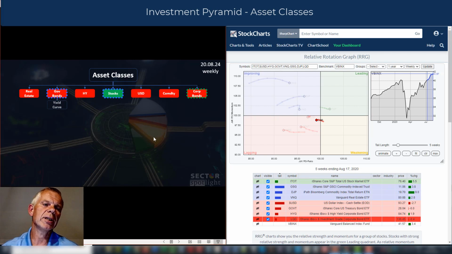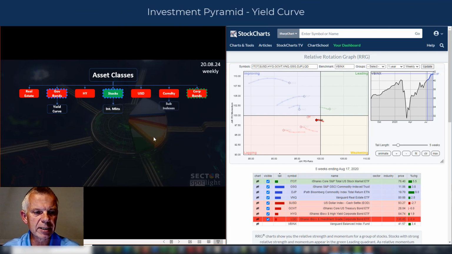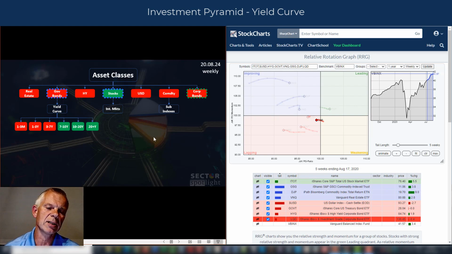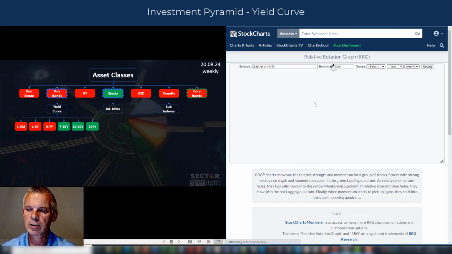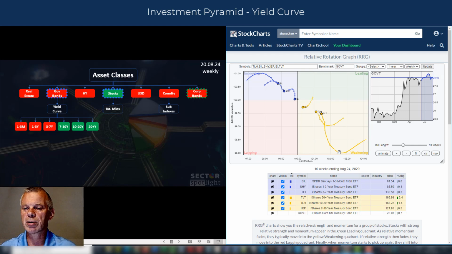So let's move to the next level on this pyramid. That is the yield curve. We're going to put the US in comparison to international markets, and we're going to look at some commodity sub-indexes. If we look at what happens on the yield curve in the fixed income market quickly, this is the RRG that shows you the various segments of the curve, beginning at 1 to 3 months all the way up to 20 plus years.